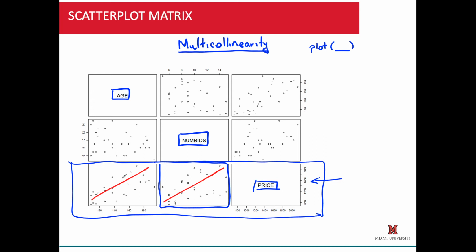Okay, but you would want to take a look at the relationship between age and number of bidders, and you would do that by either looking at this, that's number of bids and age, or this. So the nice thing of the scatter plot matrix is that you can see it in multiple ways.